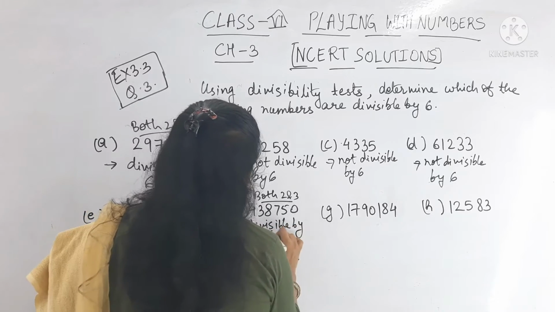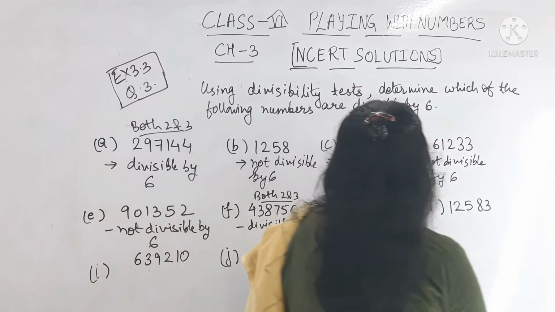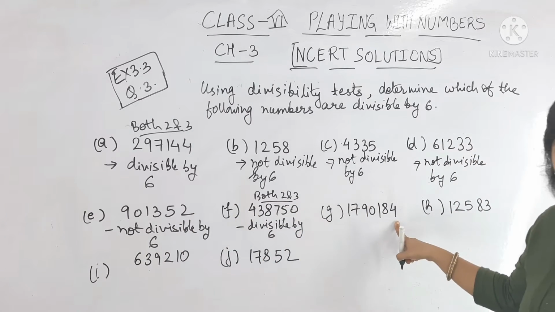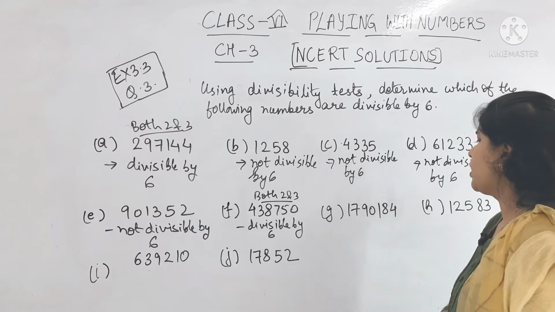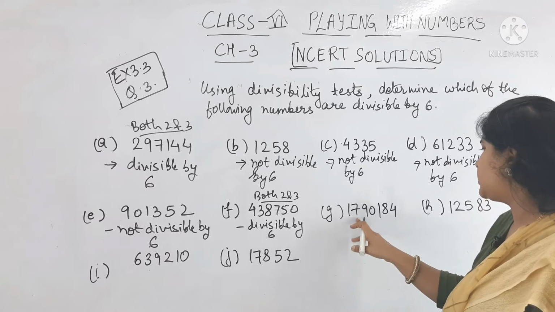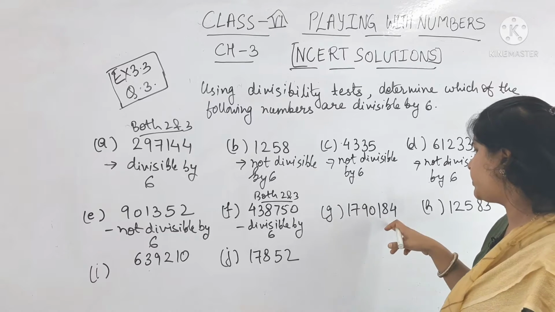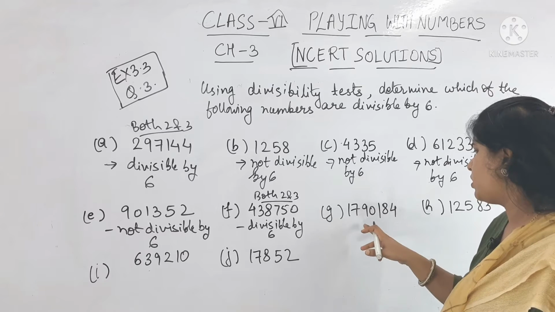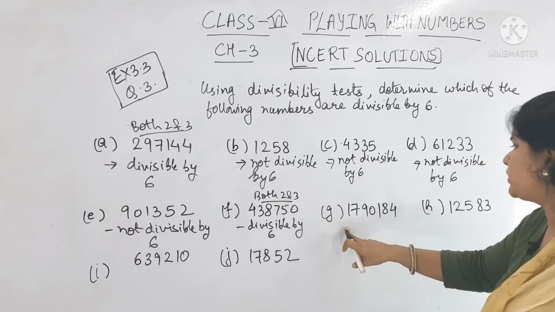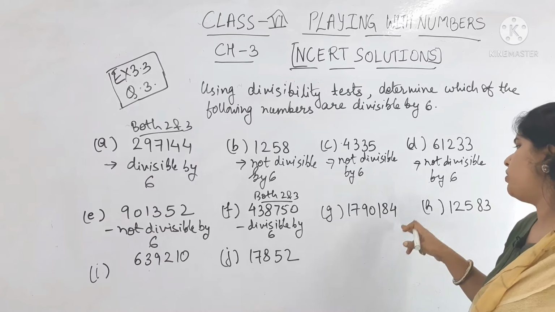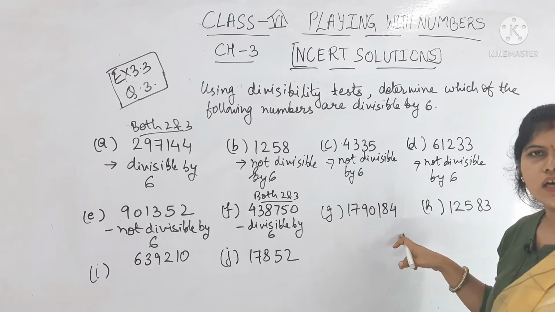Therefore divisible by 6. Here you can see the G part, the last digit is 4, an even number, which is divisible by 2. For 3 we have to sum the digits. 7 plus 1 is 8, 8 plus 8 is 16, 16 plus 10 is 26, 26 plus 4 is 30.